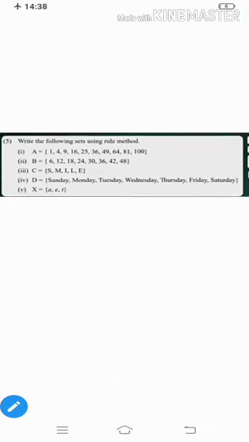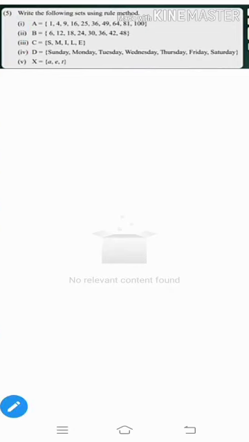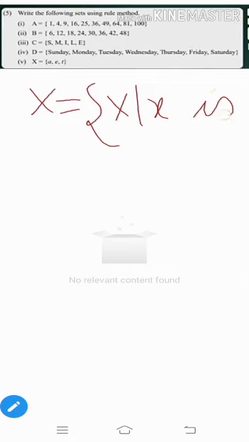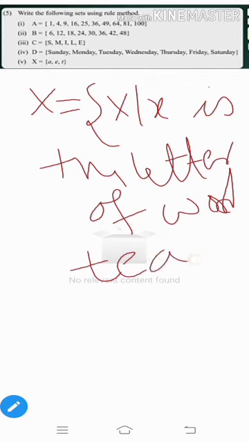We write over here X is equal to x such that x is the letter of the word T. Okay, so it is the letter of the word T.